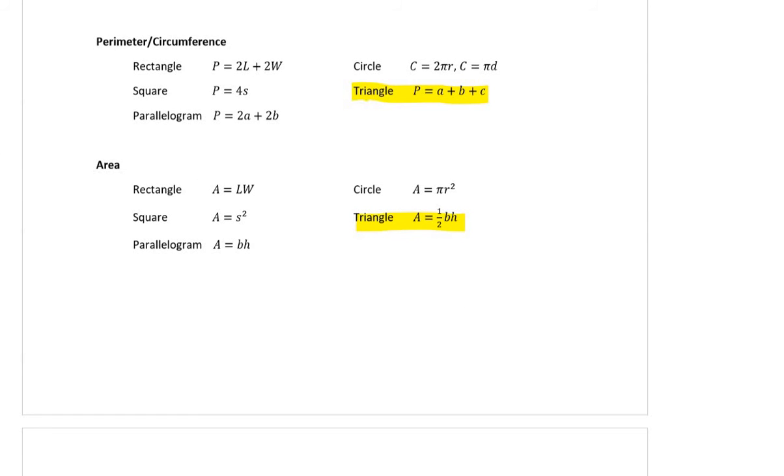Let's go back to my reference sheet here, and notice that with the circumference, there's 2 formulas. With this first problem, I'm given the radius, so I'm going to use the formula that has the r in it. There's only one formula for the area of a circle.